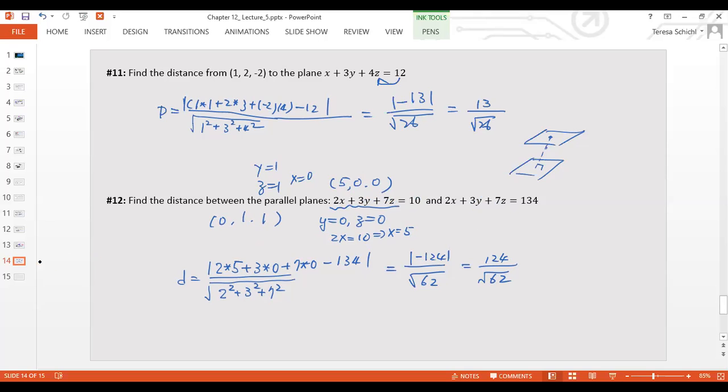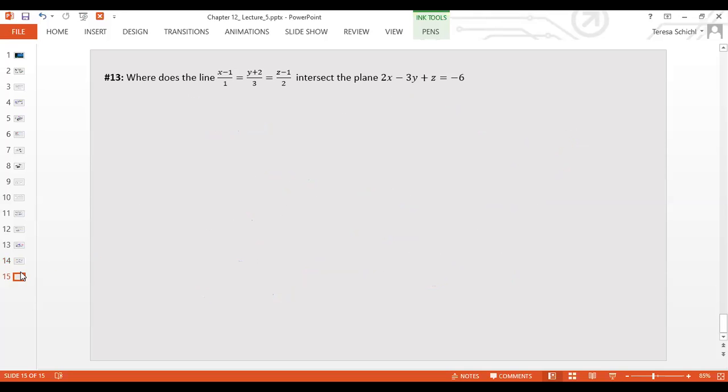Okay, so let's take a look at our last problem here. Let's say, hey, where does this line intersect the plane here? So the line intersects the plane. Okay, so now you take a look. This is a parametric form, right?